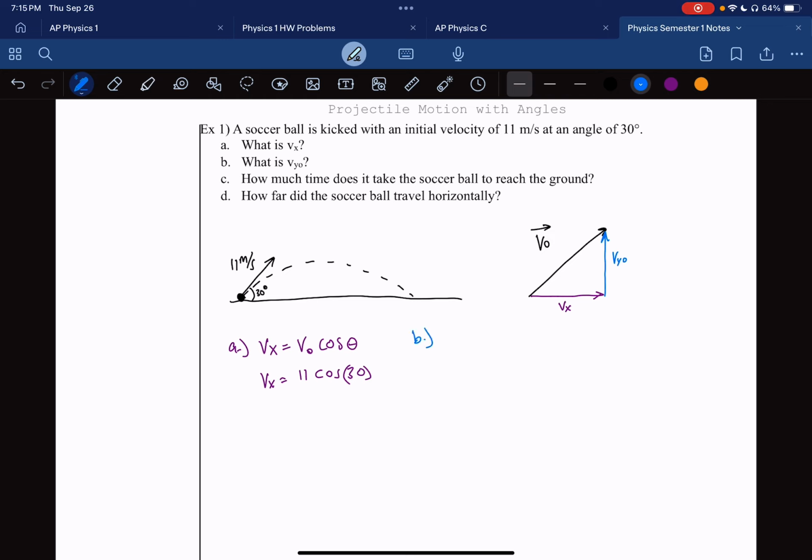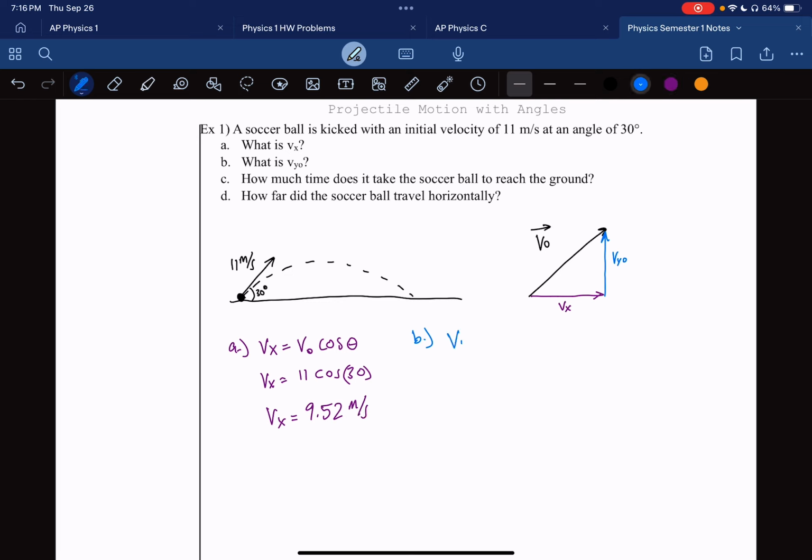So V naught is 11, cosine 30. Of course we need to put that in the calculator. You should practice along with me. You should grab your calculator, make sure it's set to degree mode. And so we'll type 11 cosine 30, and I get Vx is equal to 9.52 meters per second.